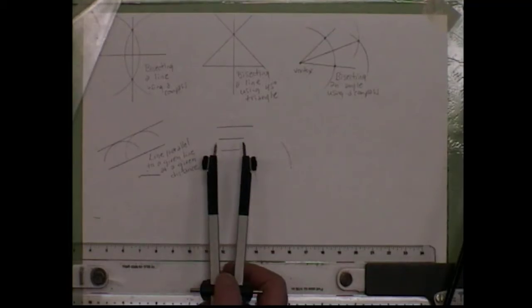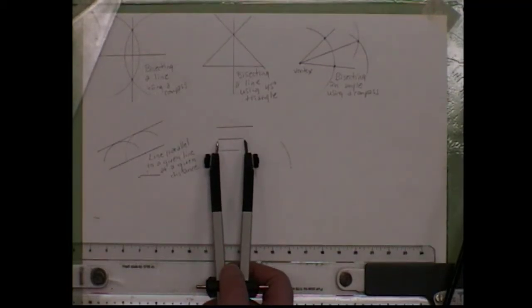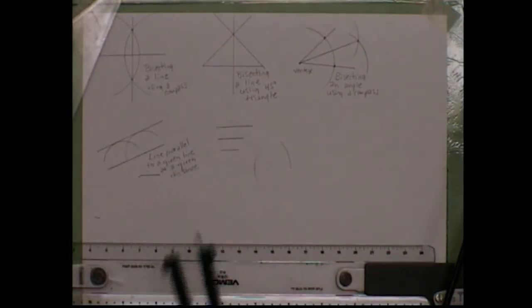Then I'm going to set my compass equal to the distance of the second line. Because what was the definition of a scalene triangle? All the sides are not equal. No sides are equal, no angles are equal.